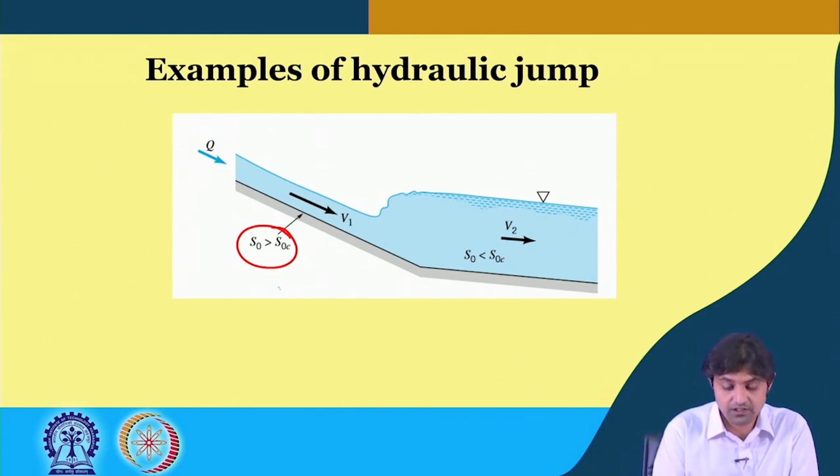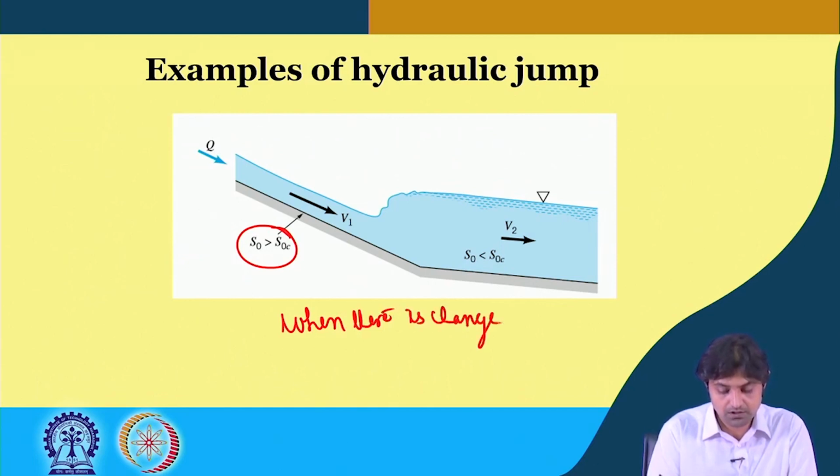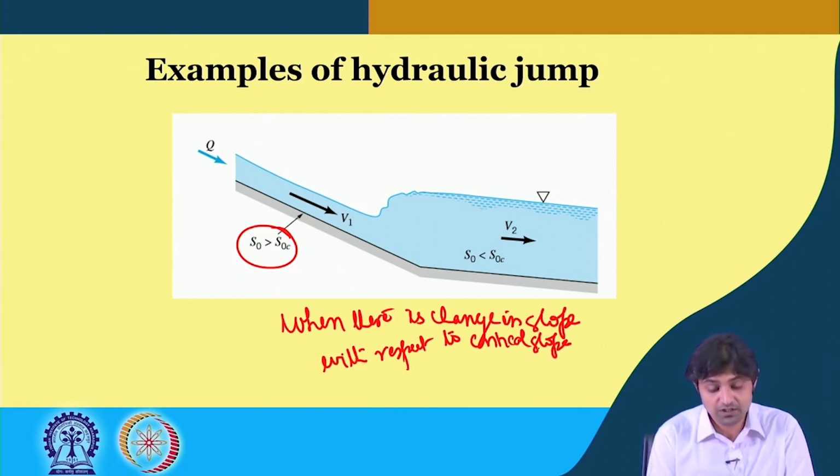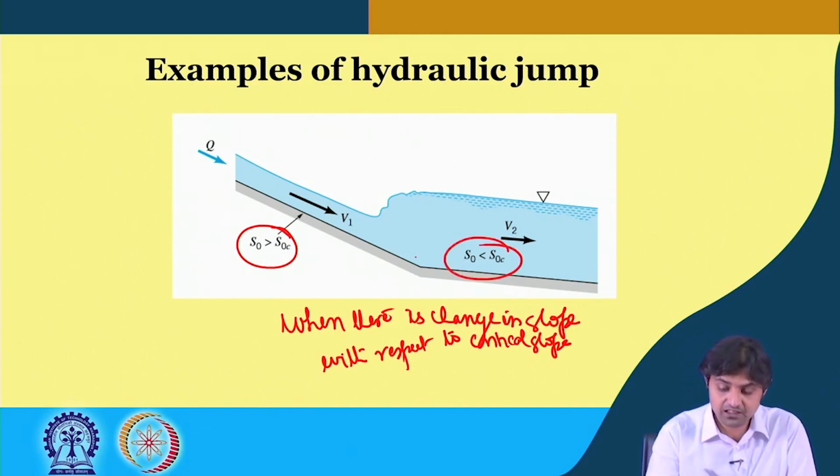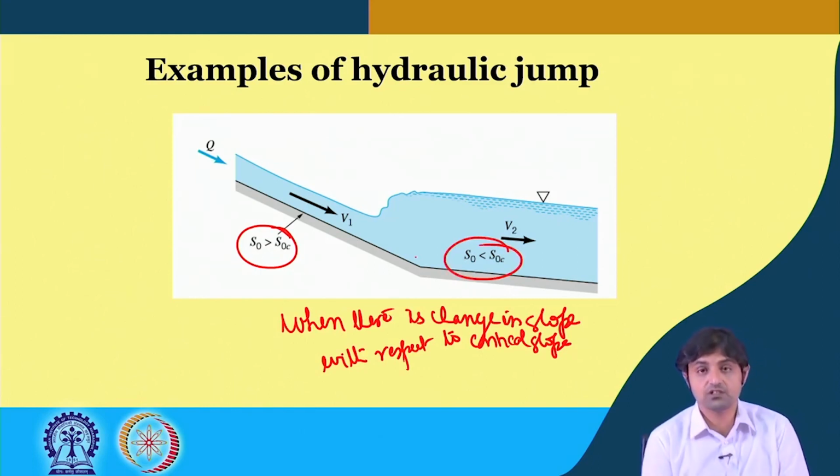So basically, when there is a change in slope with respect to the critical slope, this means when the slope of the bottom was greater than the critical slope and it transits to a region where the slope becomes less than the critical slope, then the hydraulic jump will occur.